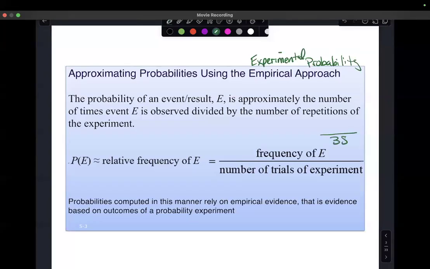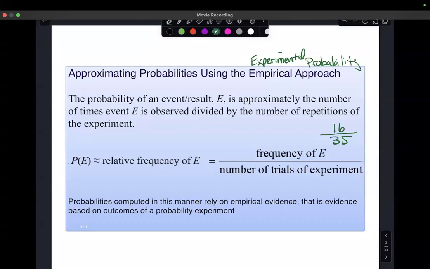That's my total number of trials. And let's say that I got an even number 16 of those. So 16 out of 35 would be the probability, in this case, based on my empirical evidence, based on my experiment. 16 out of 35 is my probability of rolling an even number.